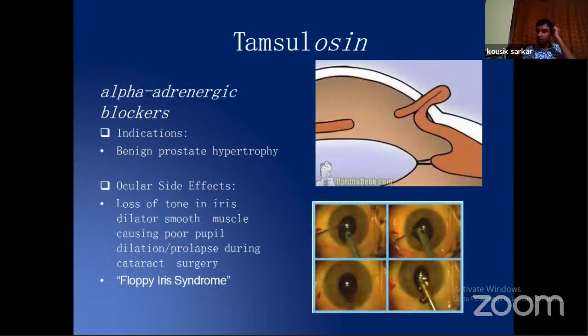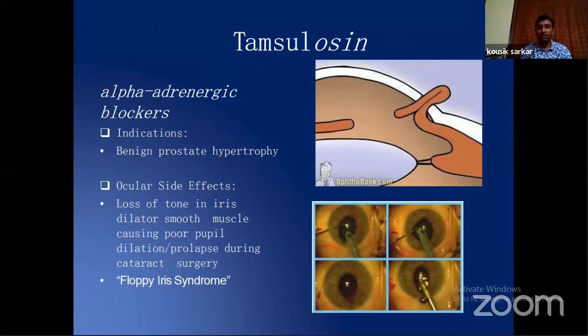Now coming to some specific systemic drugs which affect the eye. Tamsulosin is an alpha adrenergic blocker used in BPH, or benign prostatic hypertrophy.